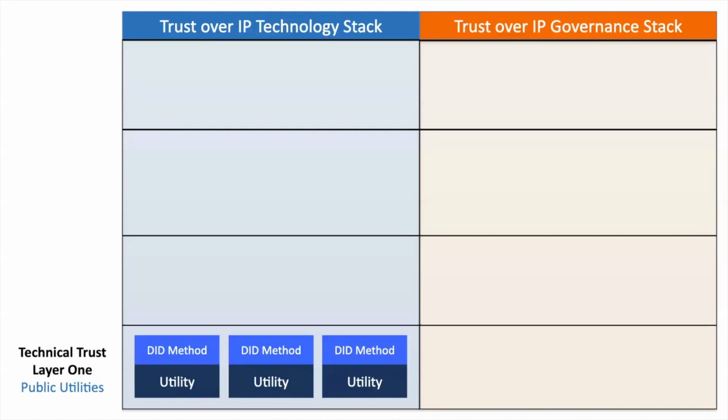And so technical trust at this layer 1 is creating one or more public utilities that the world can use to generate DIDs and do work with them. When I say do work, I mean build those secure pipes that we talked about before, which comes in another layer in a minute, and doing the registration and update of the DID metadata.